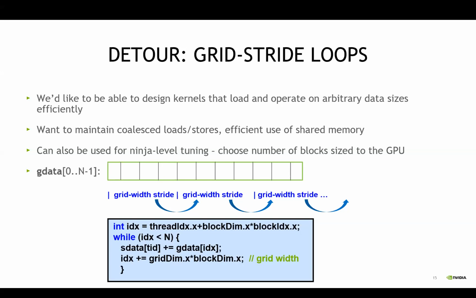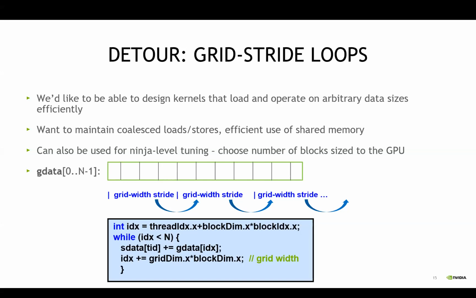I would like to be able to write and launch a kernel with a particular complement of threads and have that kernel do the correct operation, whether my input data set is smaller than the number of threads, the same as the number of threads, or larger than the number of threads that I use.